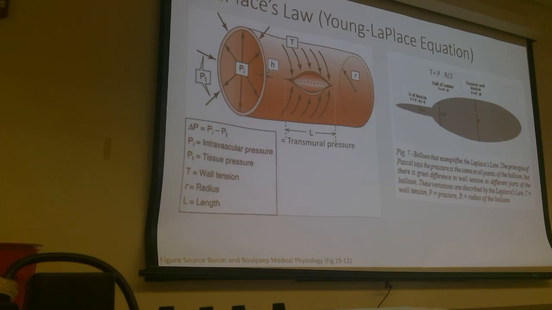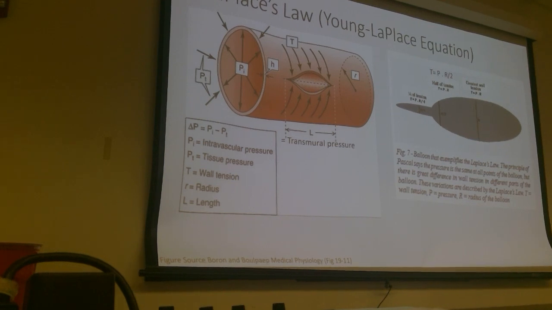So if we get to a small radius, our wall tension tends to be fairly low. Does that make sense?